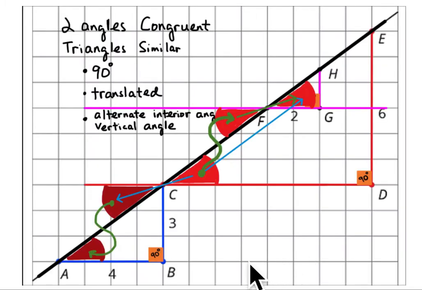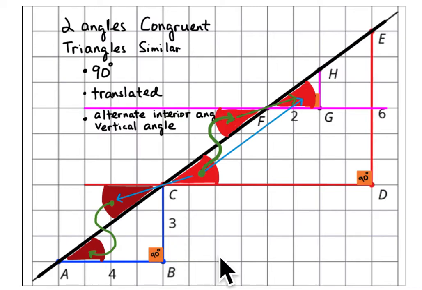All right, so we're going to go back and look at the ratio, look at the quotients of the vertical sides compared to the horizontal sides of each triangle individually.